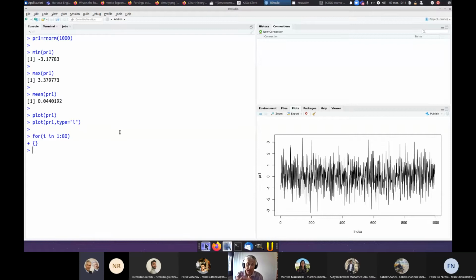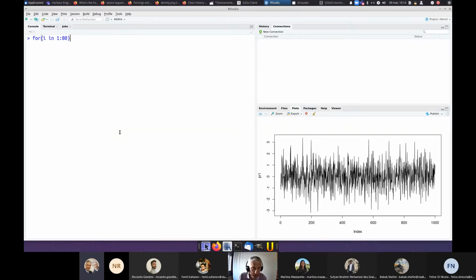Let me make another example of a for cycle, a very simple one. Let me clear the screen. I go with the arrow up and I get back for i in 1:80. And let me put just 1:4 because 80 is too much. Now let's give only one instruction. I can do without the curly brackets, and the instruction is to write on the screen something.